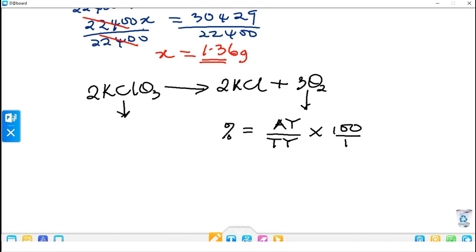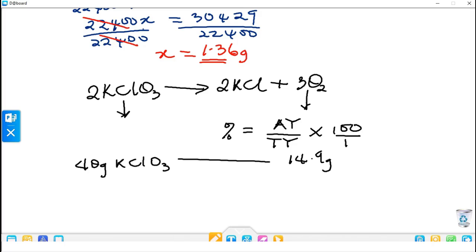To do this, we will need to bring out the parameters given to us already. The parameters are 40 grams of potassium chlorate, and we were told that potassium chlorate gave us 14.9 grams of oxygen.